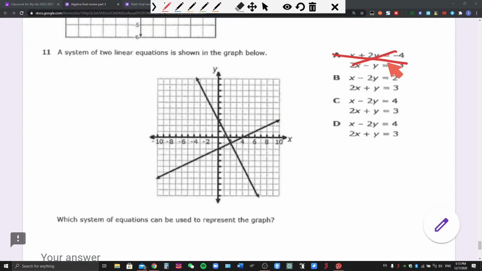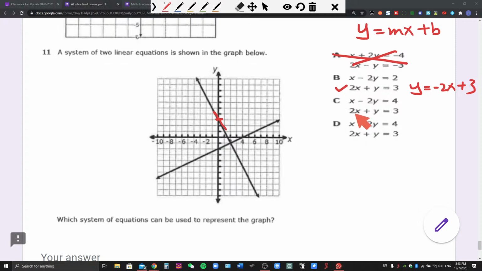And I picked the second one because it's easier to put it into the form y equals mx plus b. For option B, let's move the 2x to the other side. Then you have y equals negative 2x plus 3. That shows we should have a line that passes at 3 and goes down. Okay, that seems right. So this passes.